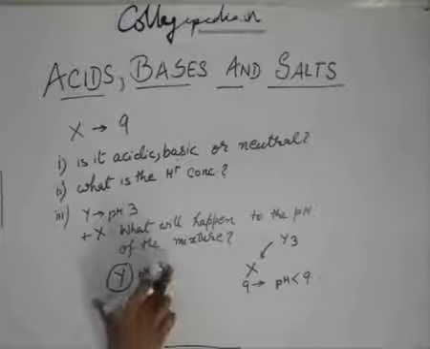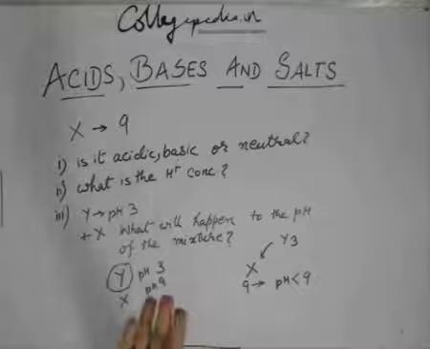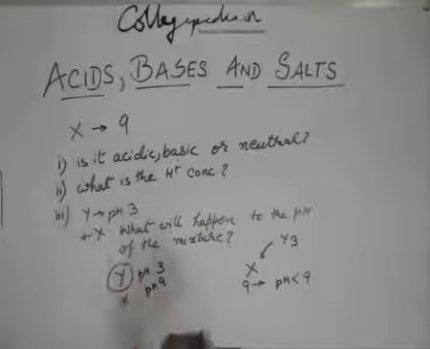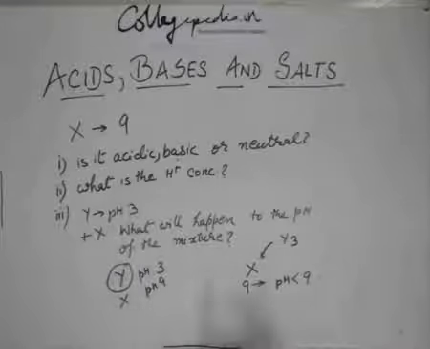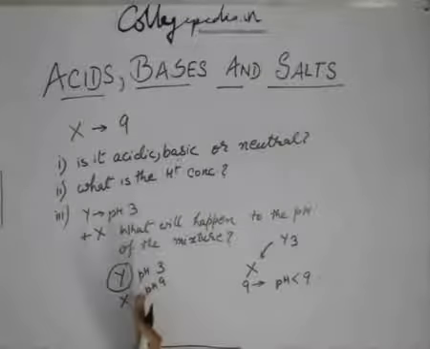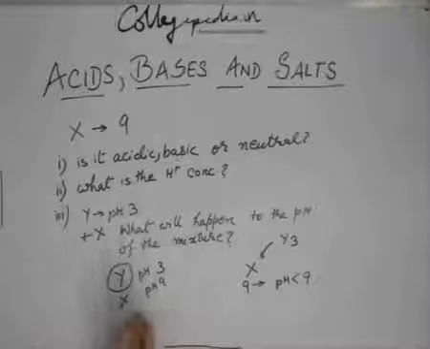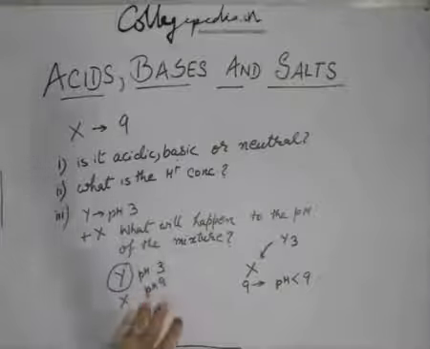So obviously for Y, X will want to raise its pH, or the mixture's pH, because X is a base and Y is an acid. If we add a base to an acid, it will neutralize the acid, and if it neutralizes the acid, there is lesser acid left, so the pH will increase. So according to Y, X is increasing the pH from 3.